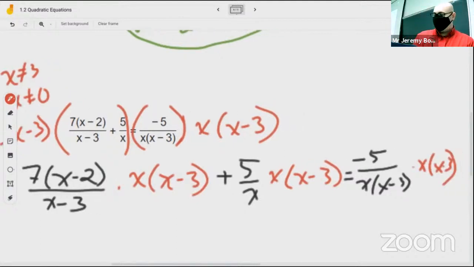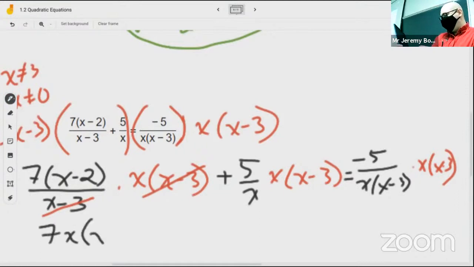Let's roll over a little bit. There we go. So let's talk about the reduction that's going to happen. x minus 3 and x minus 3 will reduce there. That's going to leave us with 7 times x minus 2 times x, which is 7x times x minus 2. We're going to distribute that 7x later. You could have done it in one step if you want to.